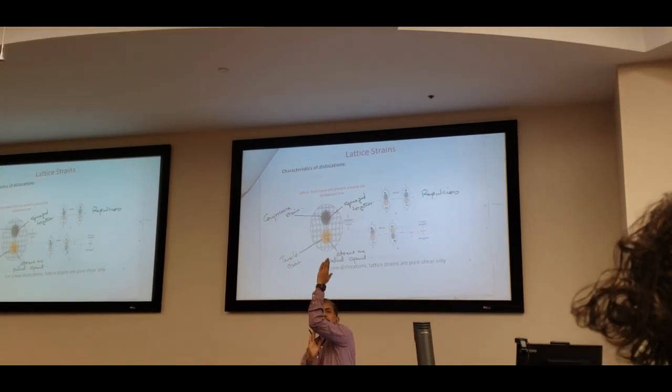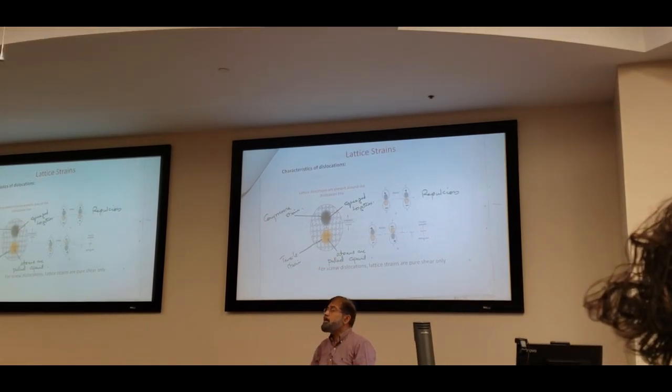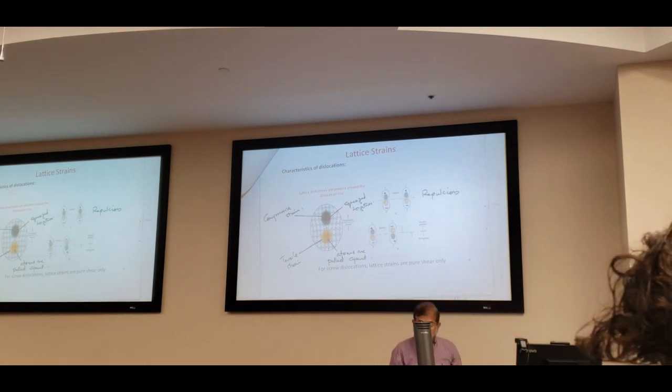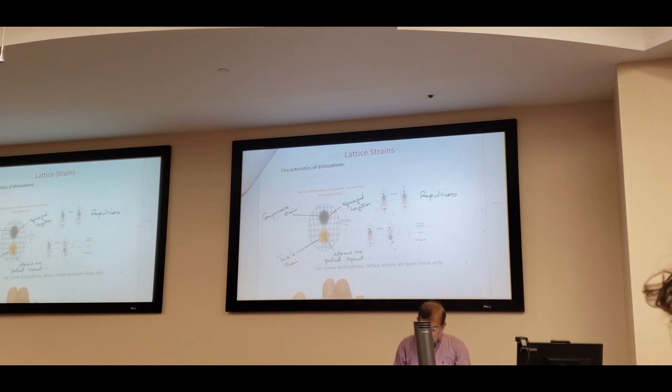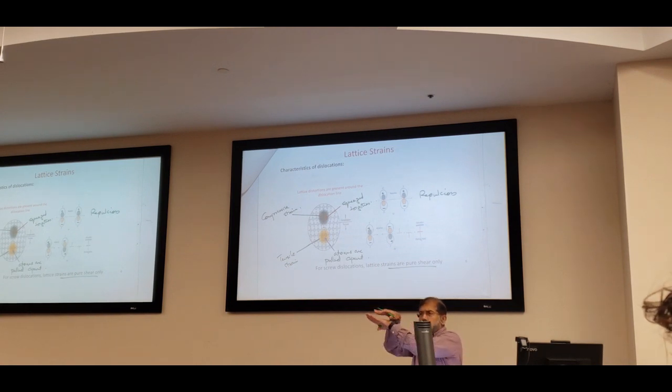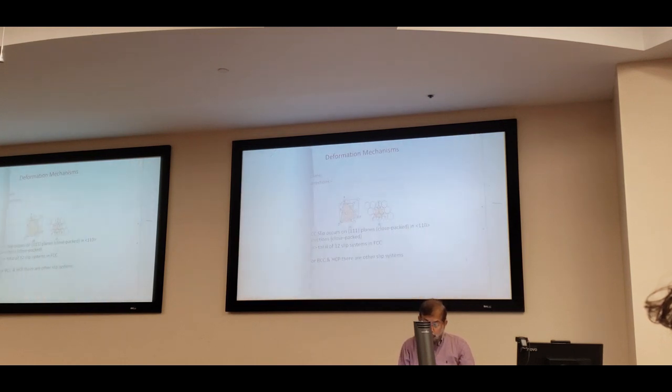When they come closer, they can combine. So for screw dislocation, lattice strains are pure shear only. We learned about it. It is the shear force, right? For that screw dislocation, it is the shear force.